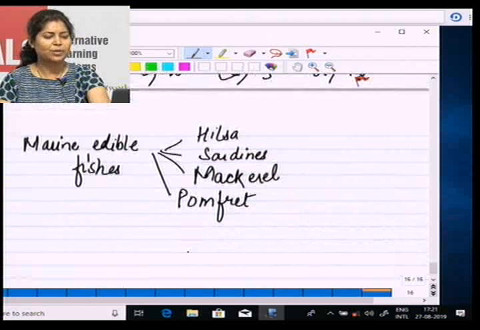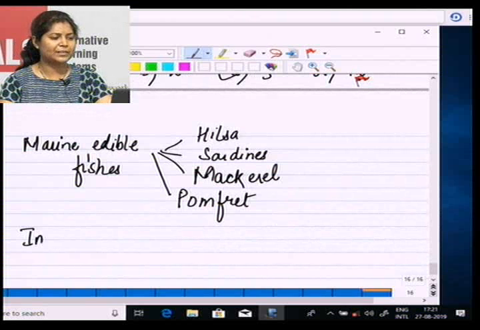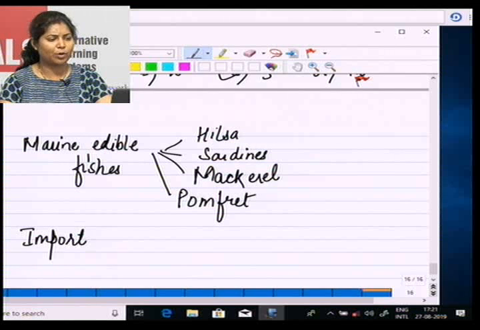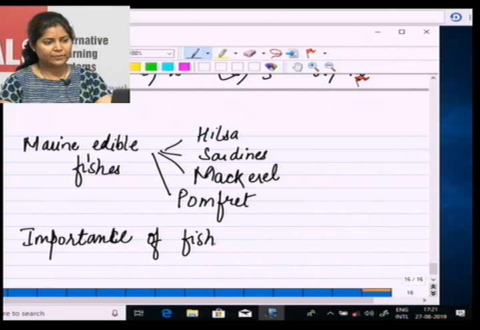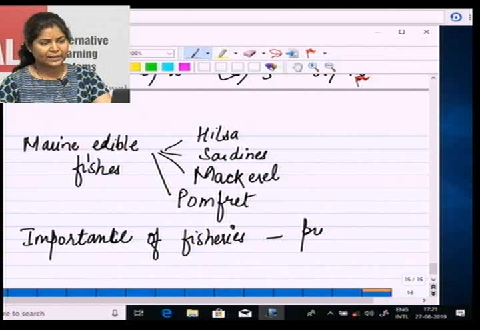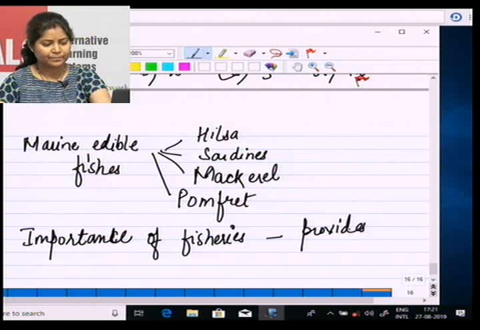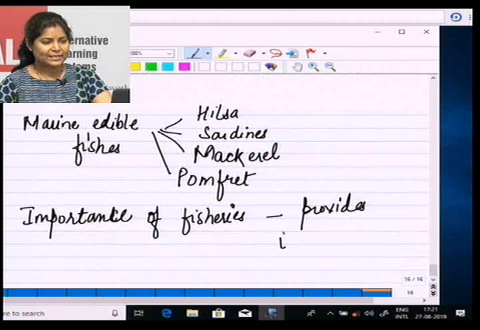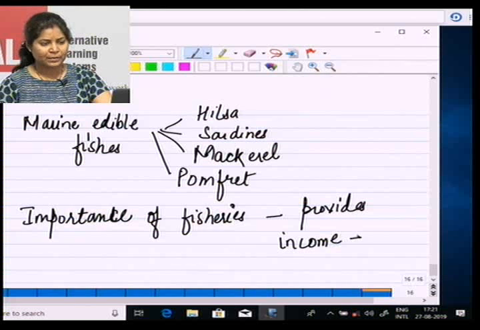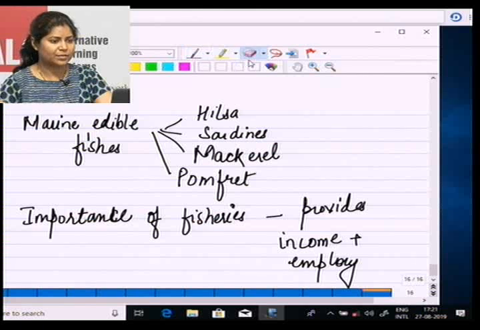So what is the importance of fishery? Why are we emphasizing so much on fishery? What is its importance? Let's see the importance of fisheries. It provides two things: income and employment.